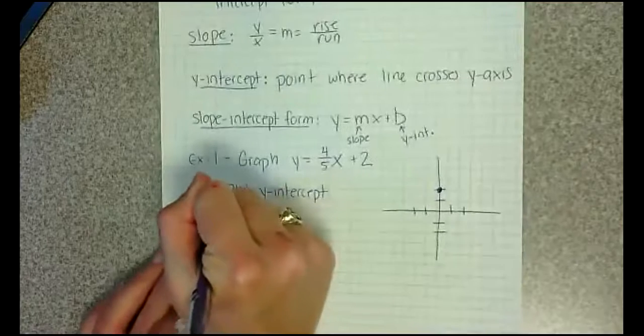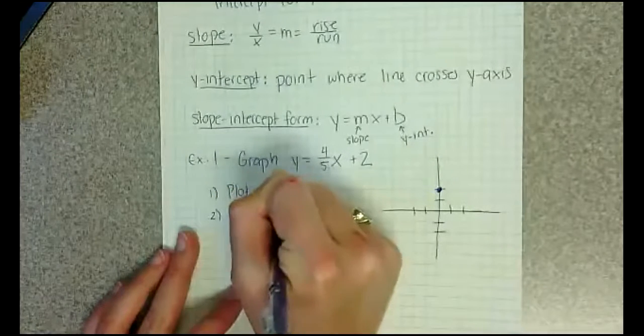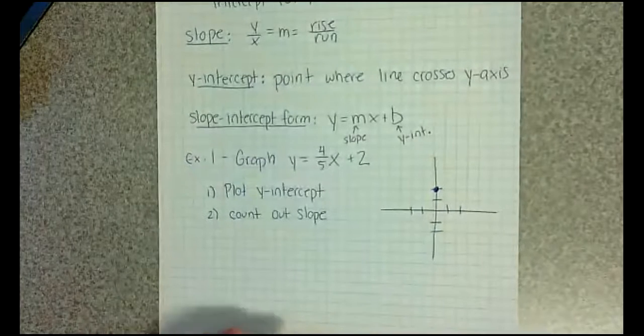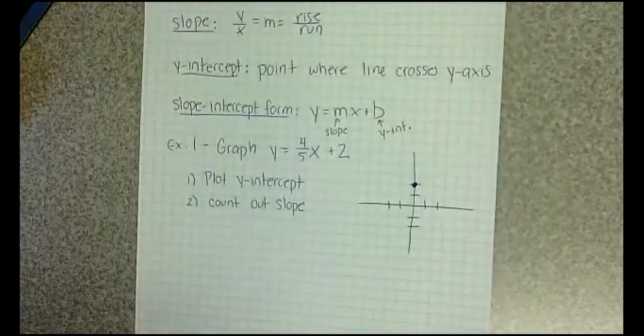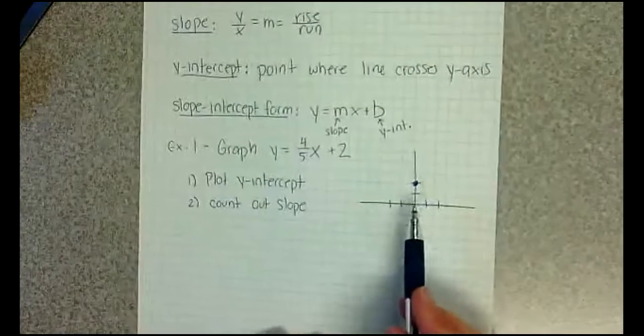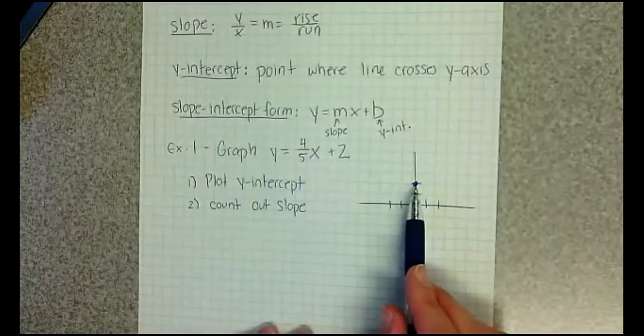Step 2, and we're going to use what we did last class. We're going to count out the slope. So this is where it's going to get kind of iffy because I don't know if you guys have graph paper, so we're just going to kind of make do.